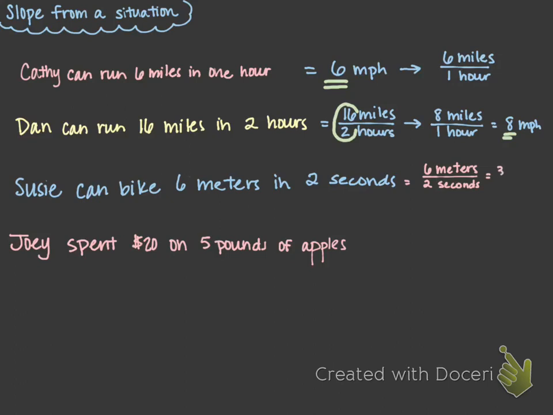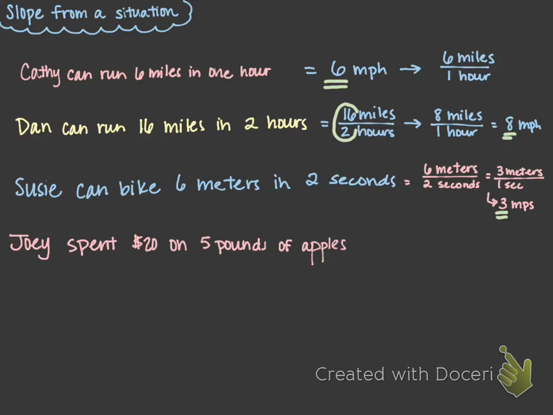So 6 divided by 2 is 3. So we have 3 meters for every 1 second. And this means that Susie can bike 3 meters per second. So 3 in this case is going to be representative of our slope.